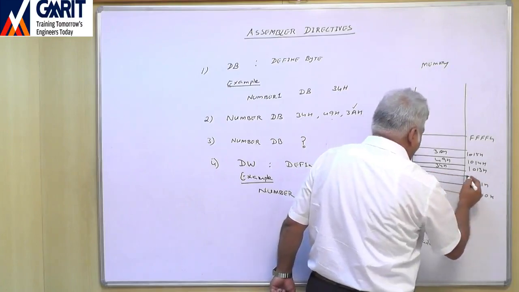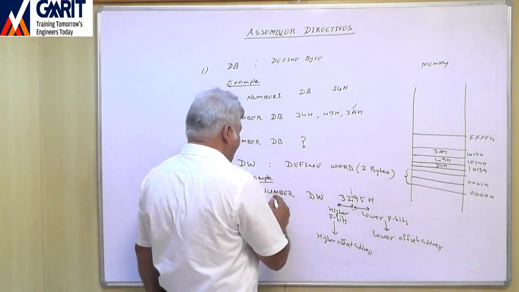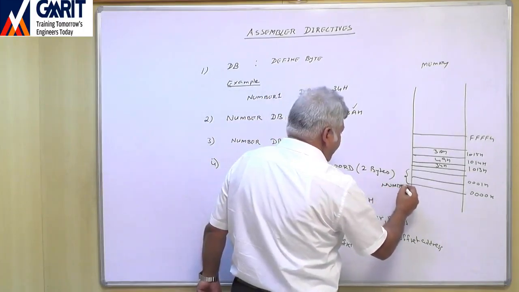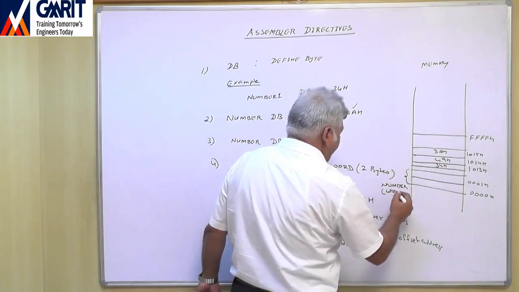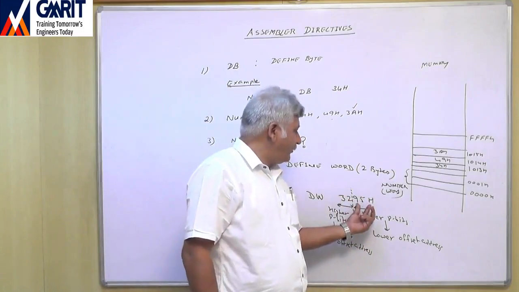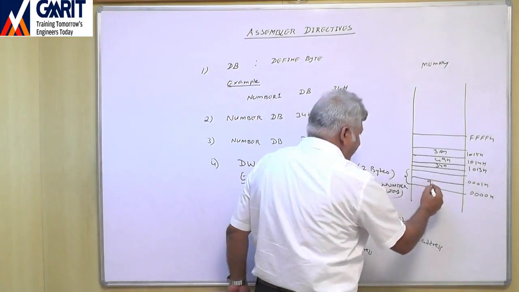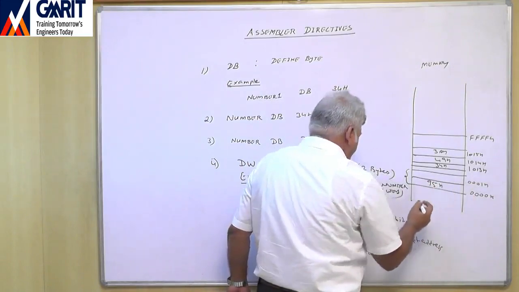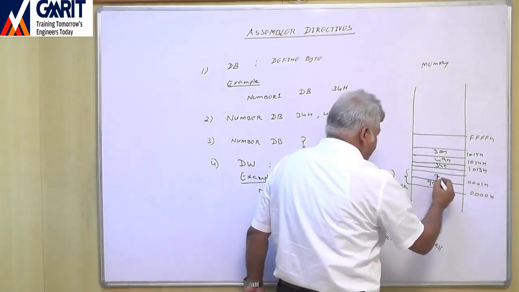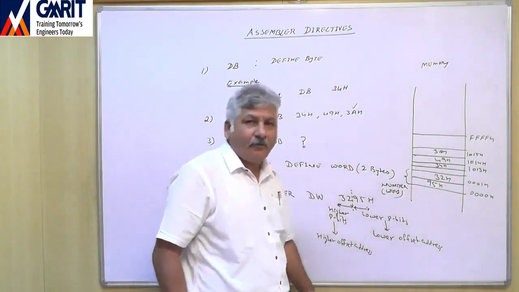These two locations it has assigned for this number, which is a word. So what will happen? 95H will be stored at the lower offset address, that is 0000H. So here 95 will be stored, and the higher 8 bits, which is 32, will be stored at the higher offset address. So in this way numbers can be stored.